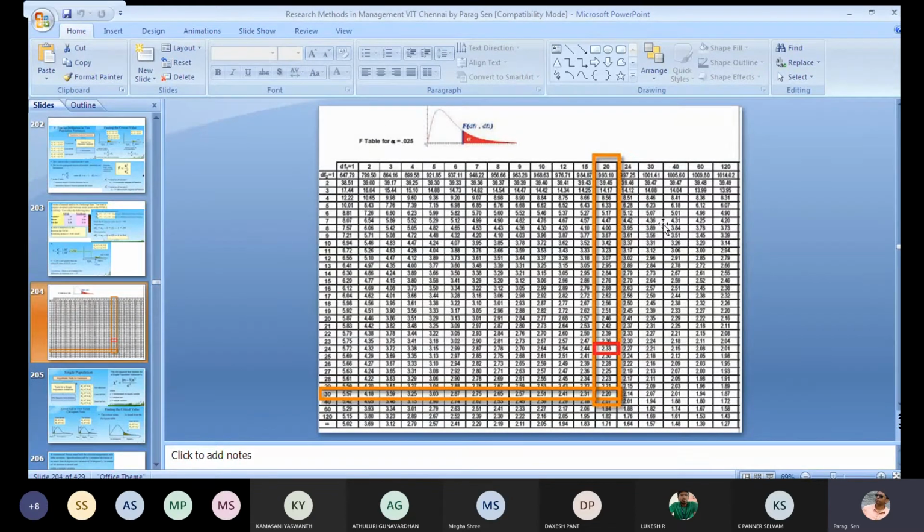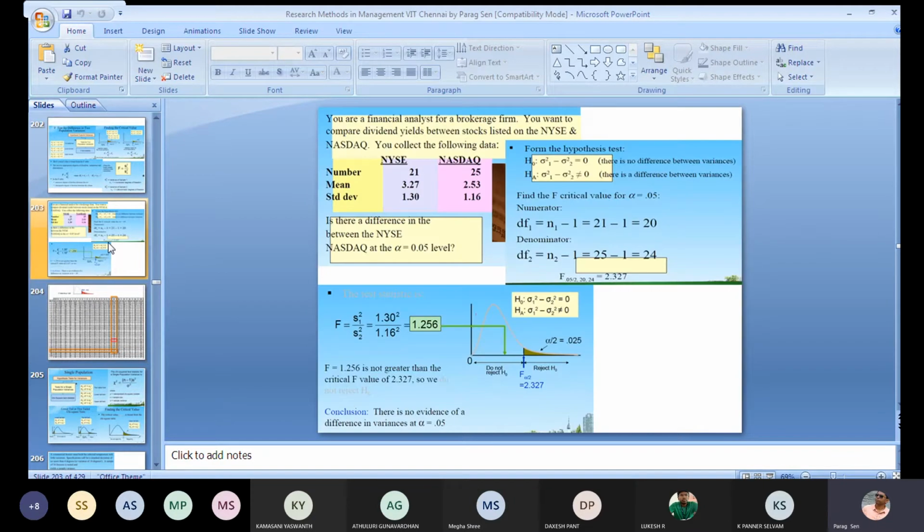So in the F table you can see that this is 20, this is degrees of freedom 1, and degrees of freedom 2 is 24. Okay, and they are meeting at this point. This is at alpha equal to 0.05. Okay, so it is 2.33.